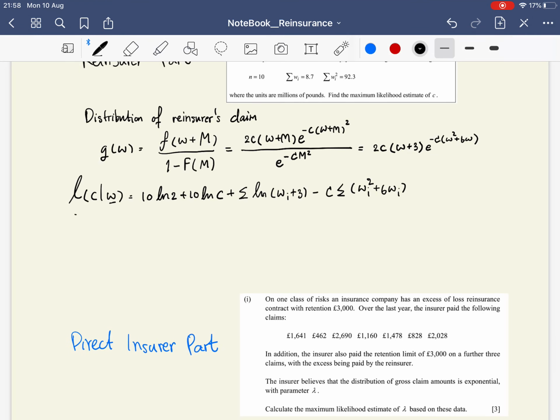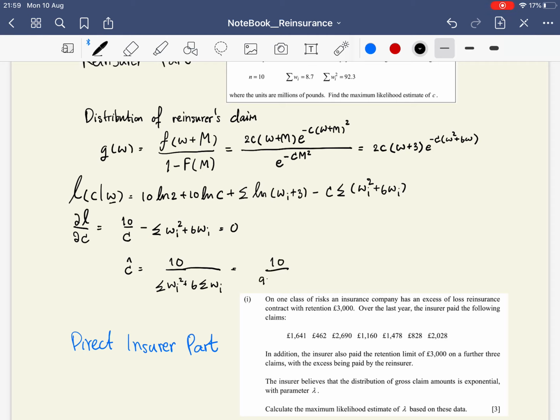To find the estimator, we differentiate this function with respect to C, and we get 10 over C, take away the sum of wi squared plus 6 wi, equal to 0. Then our estimator of C is 10 over the sum of wi squared plus 6 times the sum of wi, right?